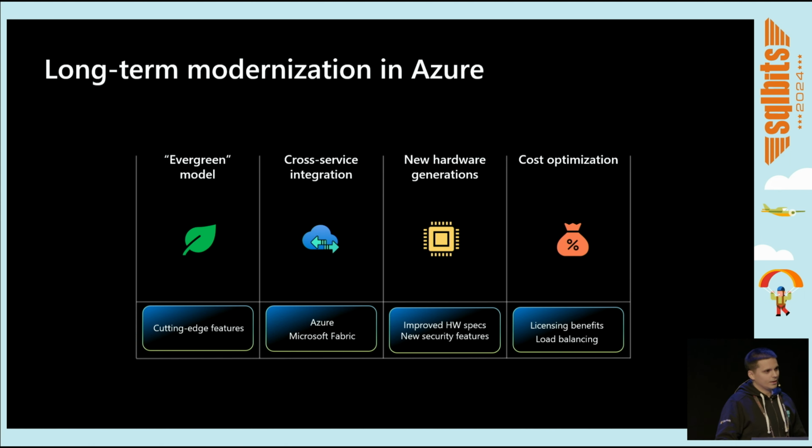We have Azure Dev Test Pricing. I'm not going to go into details. That's for a different sales pitch. You have Azure Hybrid Benefit. So you have SQL licenses, you can reuse them in the cloud. You can have reserved instance pricing, so commit long-term and get discounts. You get a free license for geo-disaster recovery standby replicas.